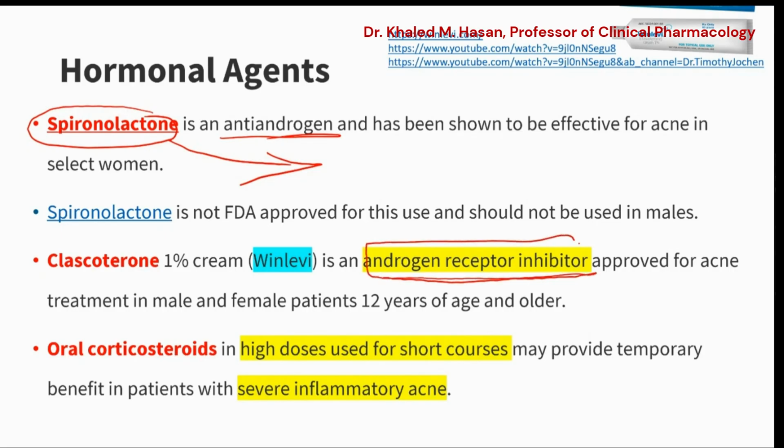So this selective medication inhibits the androgen receptor, and they developed the cream called clascoterone, Winlevi, an androgen receptor inhibitor. This medication is used for male and female patients 12 years and older, for acne at the age of 12 and above.